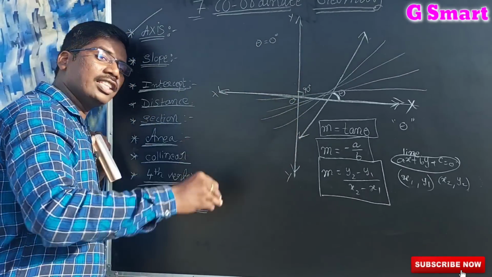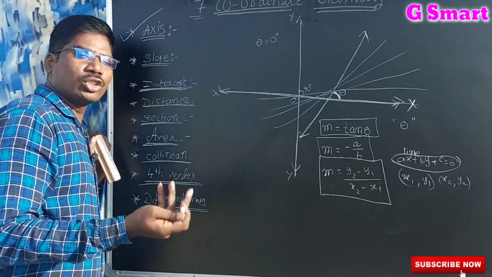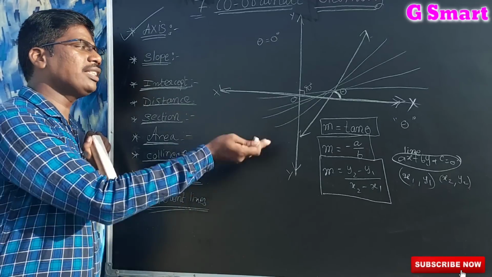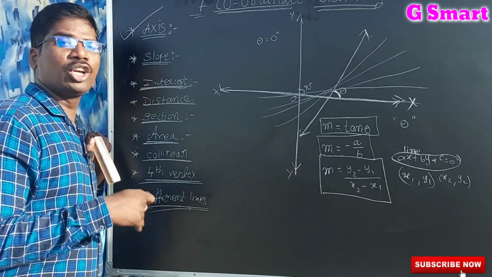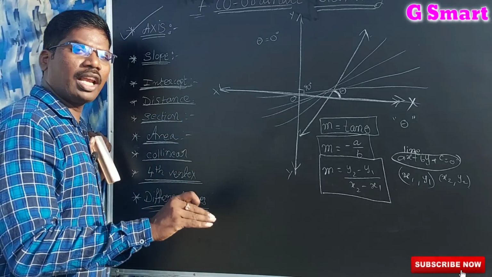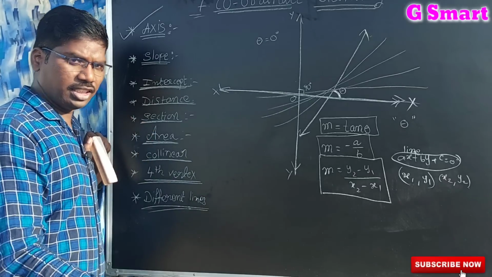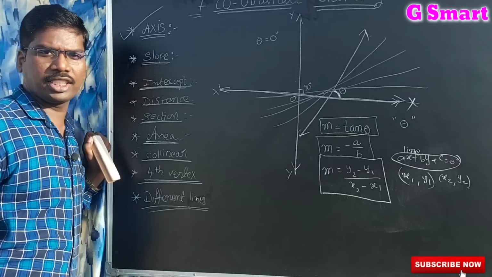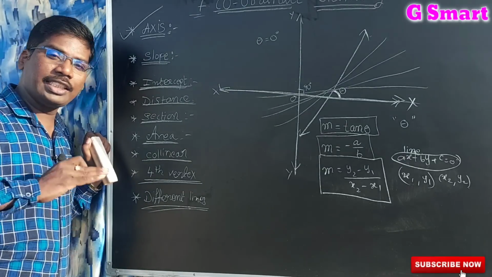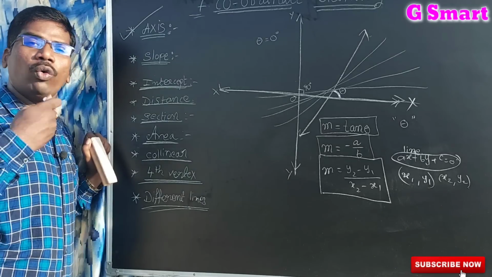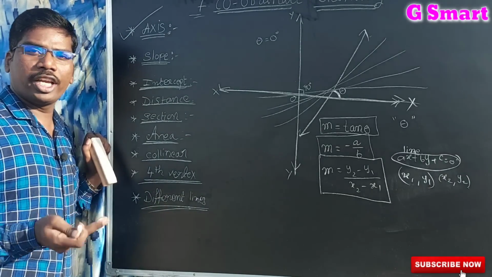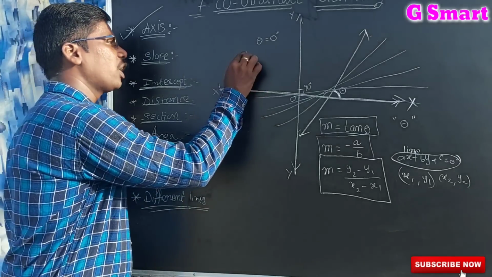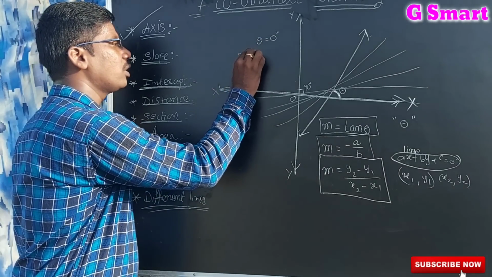So it is parallel to x-axis, coincident with x-axis. So we can say that the slope of the line is equal to the slope of the x-axis, both are equal. Now slope of the line, m is equal to tan theta, m is equal to tan 0.